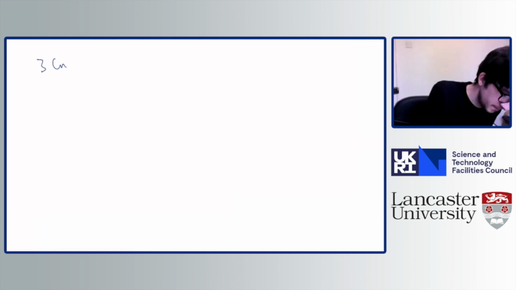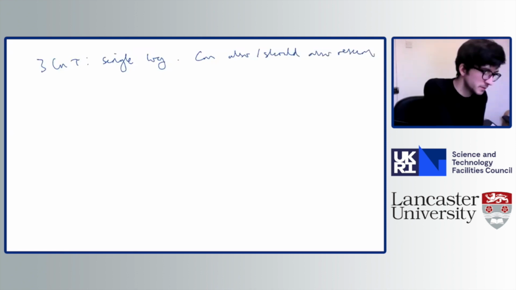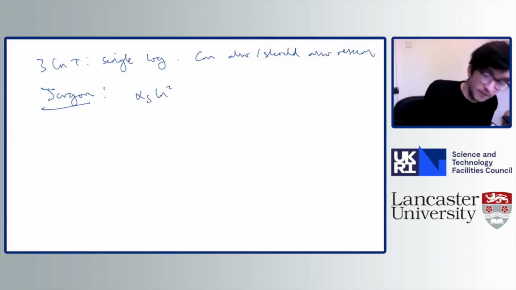So the 3 log tau in this case is called a single log, and one should also resum it. I haven't considered that here, but one can do it. Just a bit more difficult, maybe. And so the jargon here, this is all I want to say, because you might hear these things, is that in this specific case, the alpha_S log squared tau, because that's what you get at each order, a log squared tau matching an alpha_S, is the largest contribution, and that's therefore the leading log, LL as it's labeled.